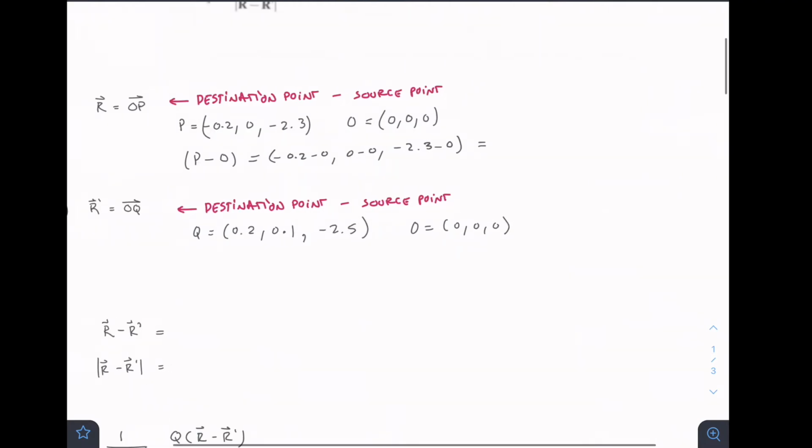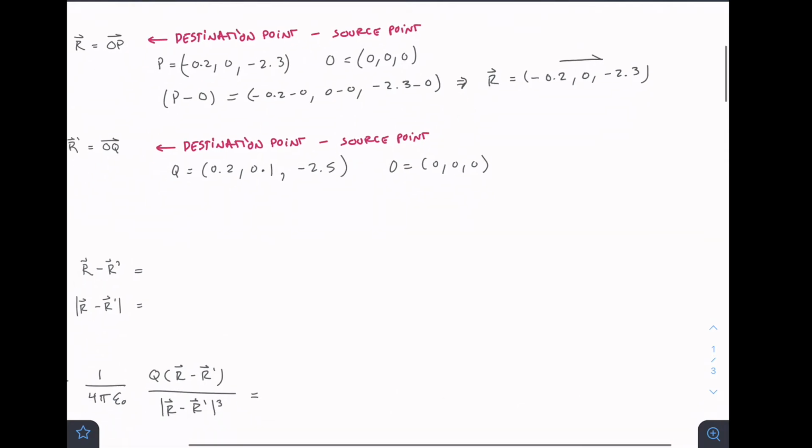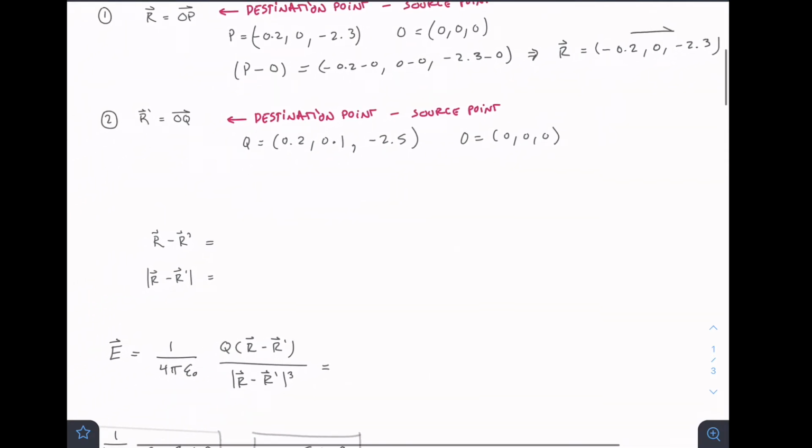So we know our vector r is equal to OP, which means it's going to be negative 0.2 in the x, 0 in the y, and negative 2.3 in the z. That's our r, and that's a vector. Next, same thing here; I won't make you sit through all of this.